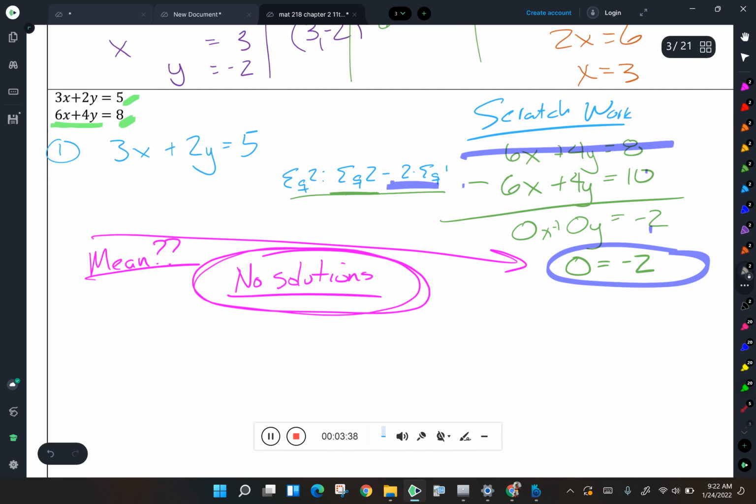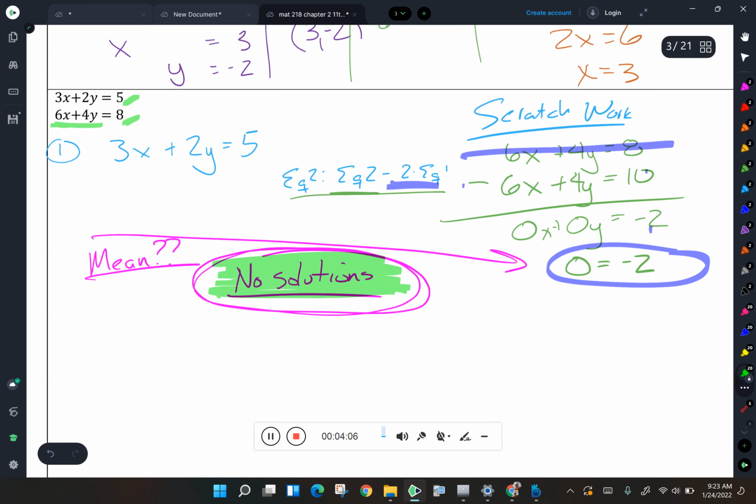Had that been a 10 down there, then everything would be times 2, and then something else would have happened. But because we have 2 equations and the coefficients are in ratio but the constants are not in ratio, it means that we have a system that has no solutions.